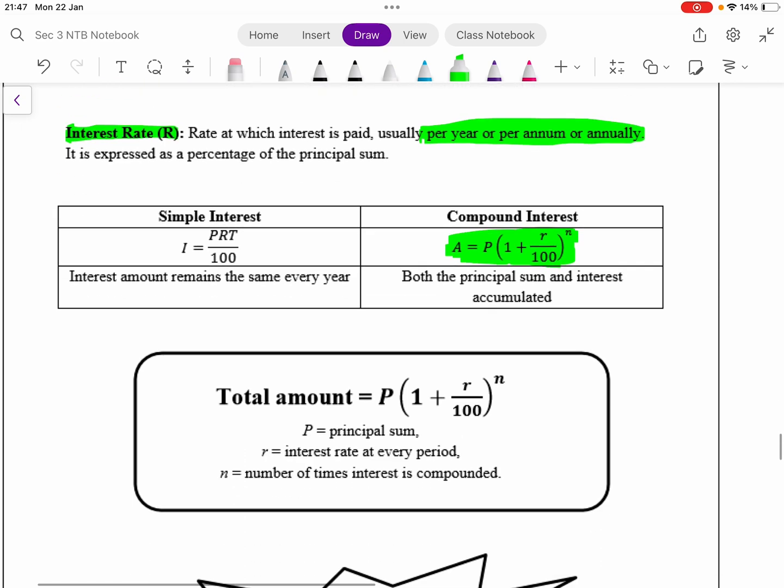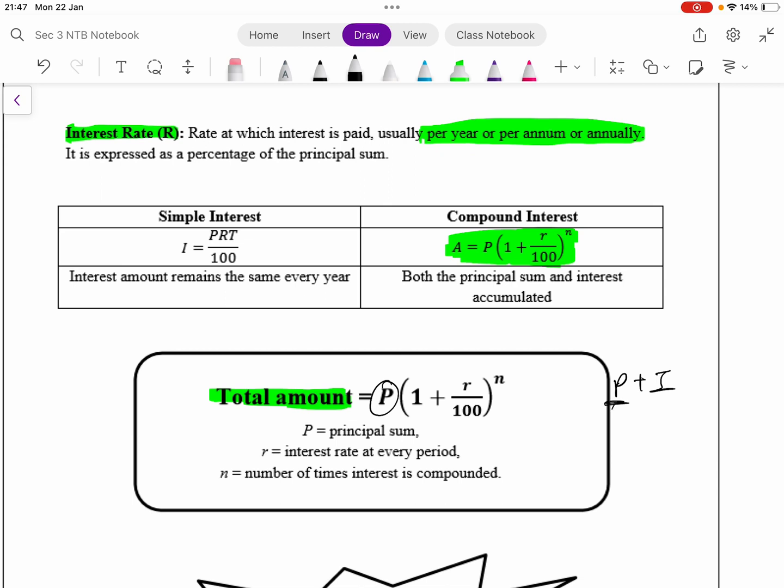So the only formula you need to know is this one. Total amount means the amount after a number of years, which is your principal plus interest.